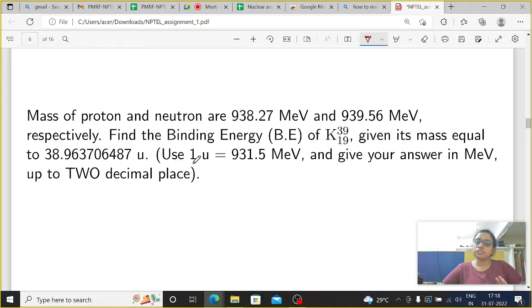We have to use the conversion 1 U equals 931.5 MeV, and give our answer in MeV up to 2 decimal places. This is the question number 3.